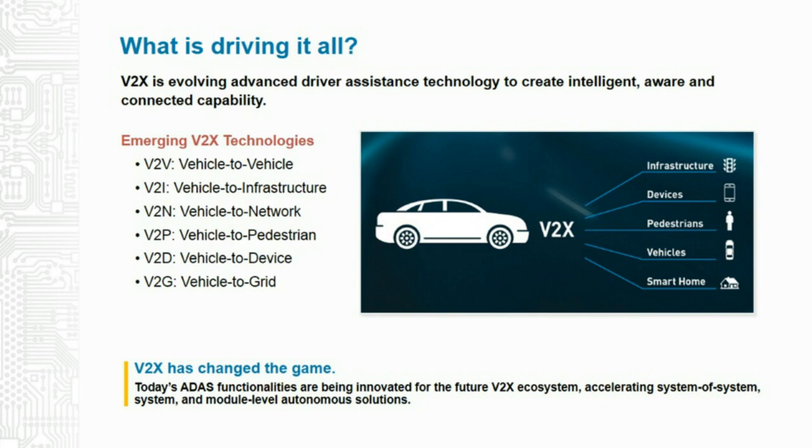People understand the idea of the connected car, but not the immense infrastructure being developed, which in its entirety is known as V2X. V2X is changing the game. It is accelerating development of systems and of module-level solutions. Autonomous operation will require vehicle-to-everything communication between the car, other cars, and the surrounding infrastructure.